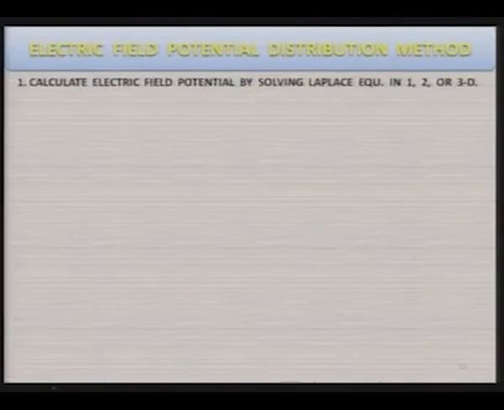Now, when you are using the electric field potential distribution method or numerical analysis, calculate the electric field potential by solving the Laplace equation in 1D, 2D or 3D, depending upon which problem you are solving. Just like the one given here in 3D: del 2 phi over del x 2 plus del 2 phi over del y 2 plus del 2 phi over del z 2 is equal to 0.